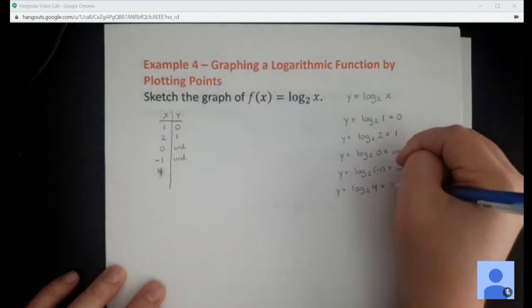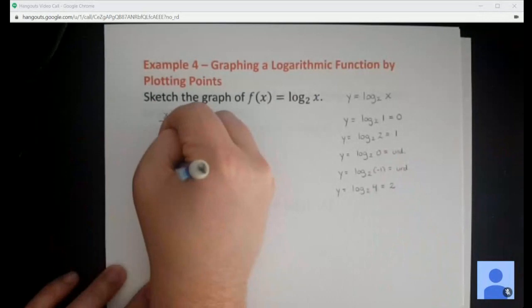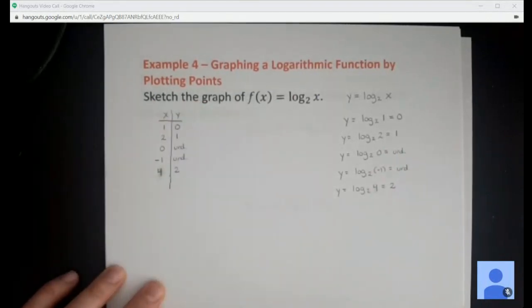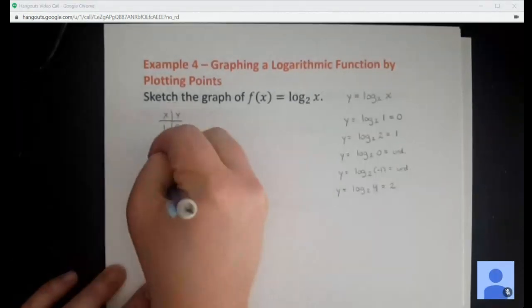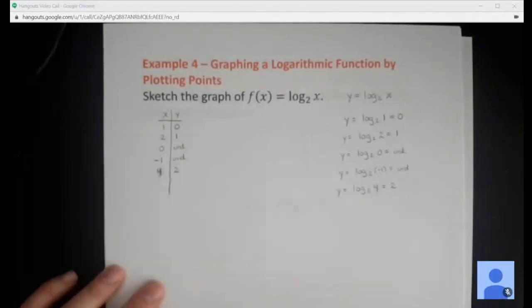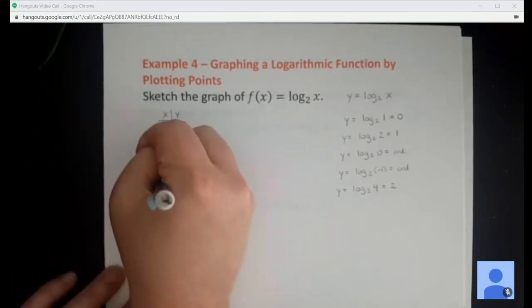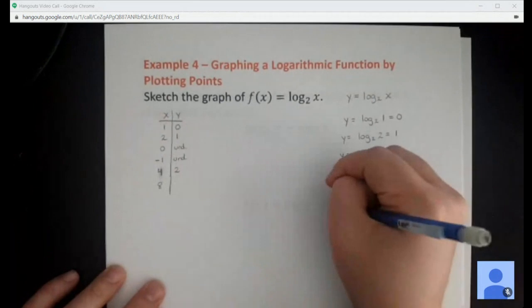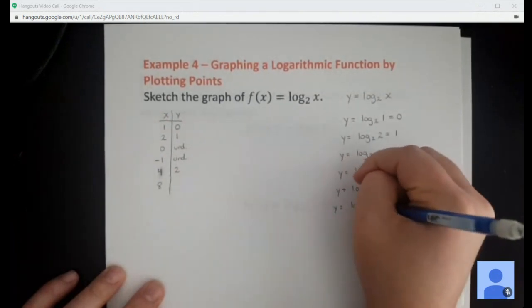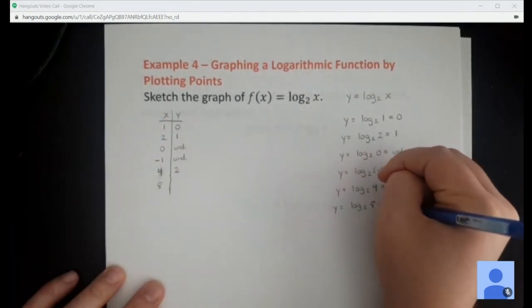2, right? And so that log would be equal to 2. Now we have a point at (4, 2). Somebody suggested looking at 5. 5's not going to be easy, because 2 to what power gives us 5? There's no clear answer there. So what value could we check instead where we could get a nice exponent? 8 would be the next one, because now y equals the base 2 log of 8.